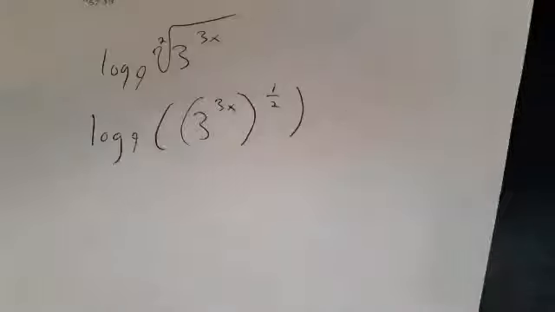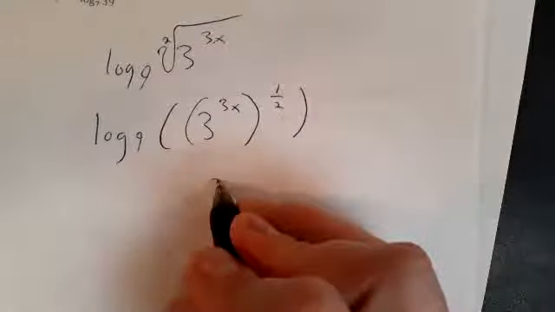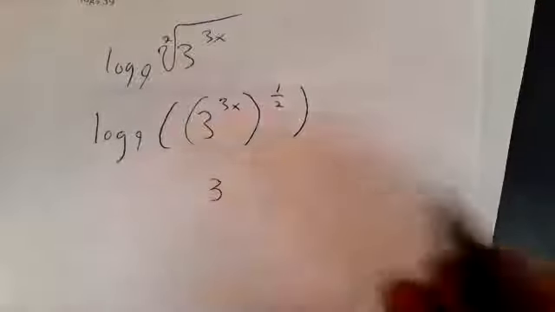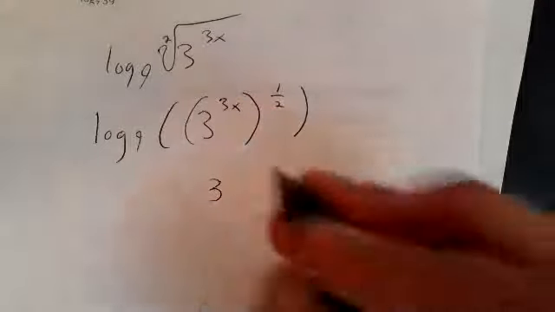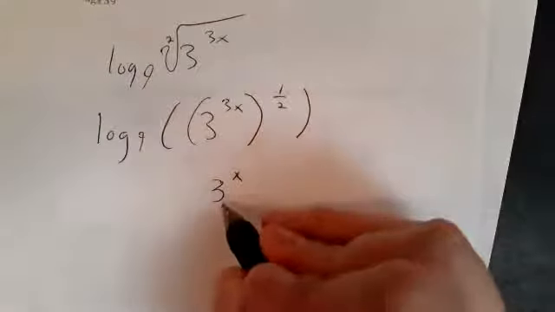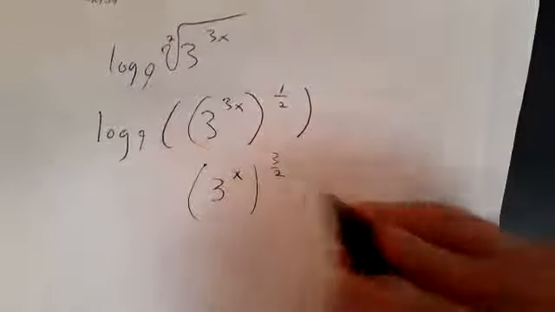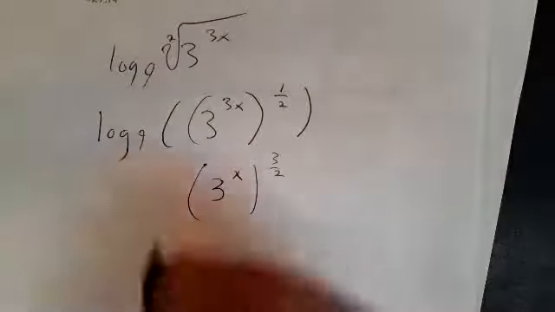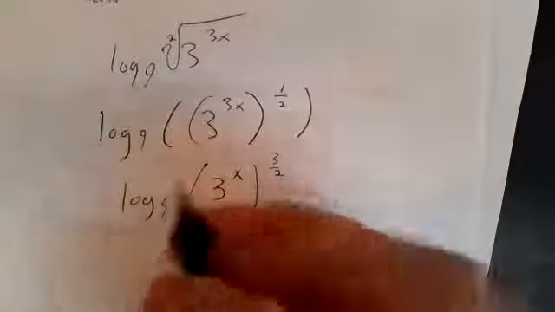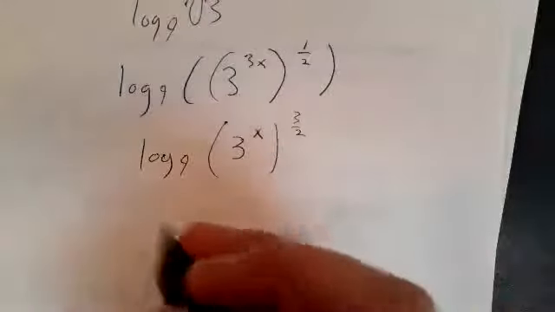And so I have things to a half power. The best way to sort of separate this is to have 3 to the x to the 3/2. And if I write it like this, I can actually bring this 3/2 down in front.